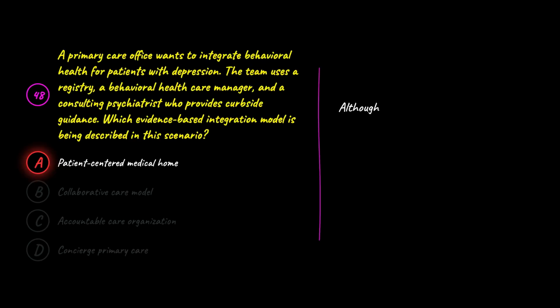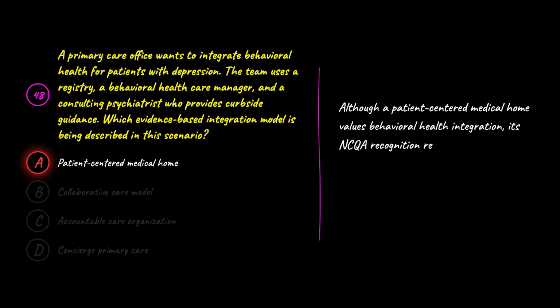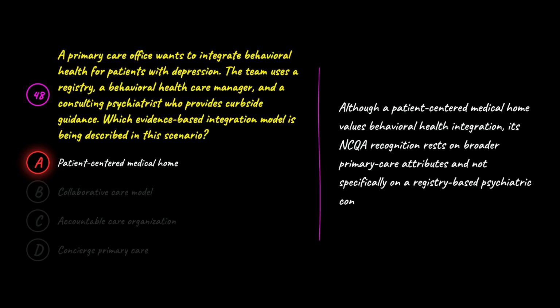A is wrong because although a patient-centered medical home values behavioral health integration, its NCQA recognition rests on broader primary care attributes and not specifically on a registry-based psychiatric consultation staffing structure described above.